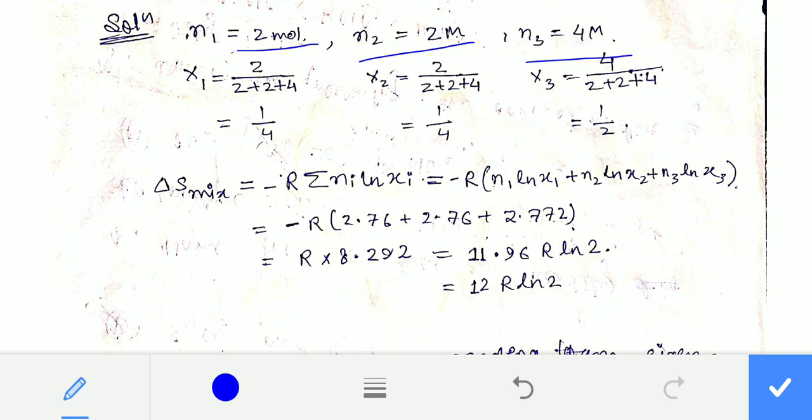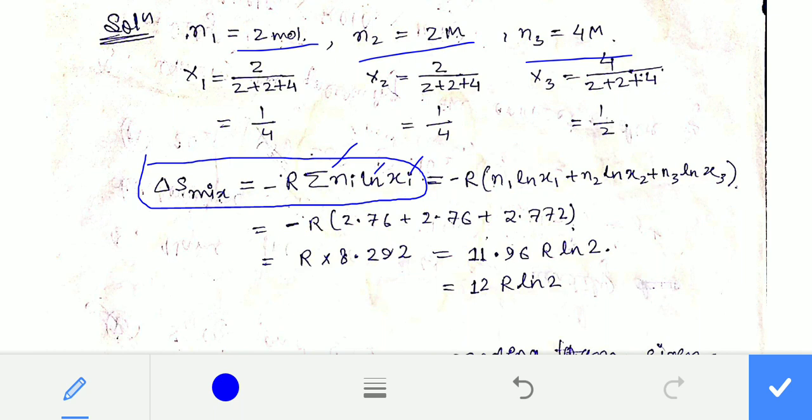Now you should know the formula for the entropy of mixing, which is: minus R summation of Ni ln xi, right? Summation of Ni ln xi. What is xi? It is the mole fraction, right?